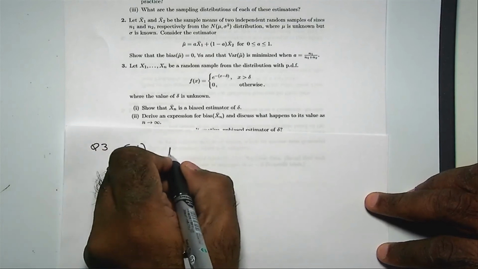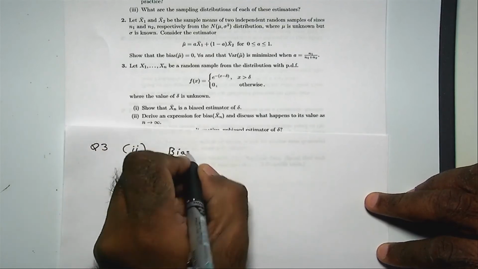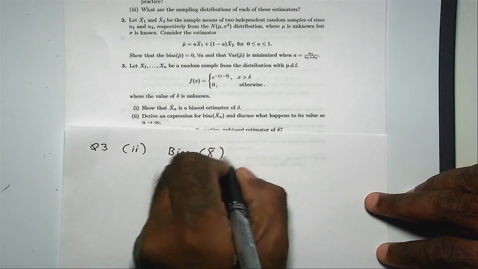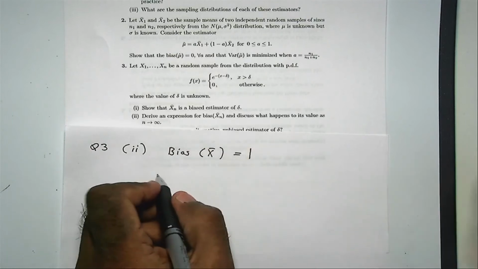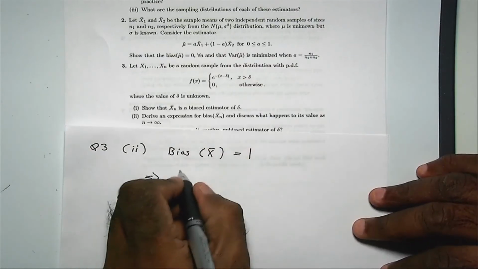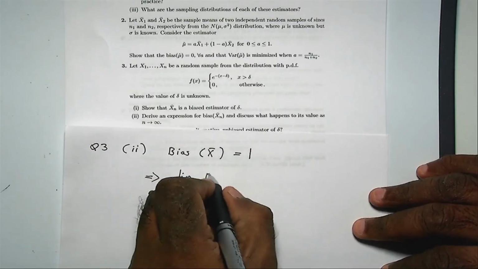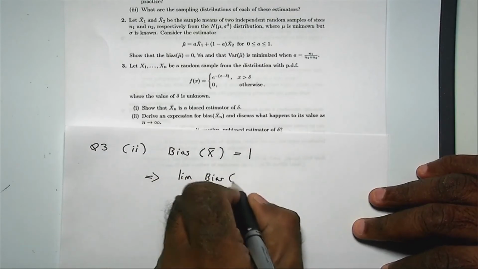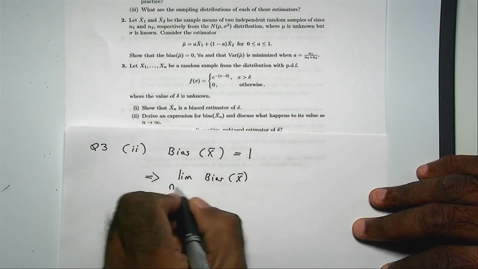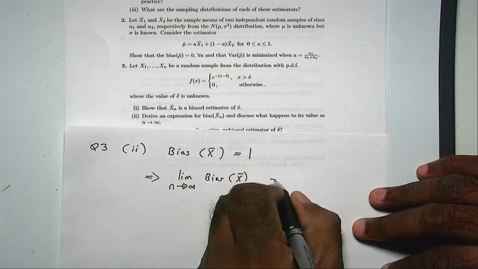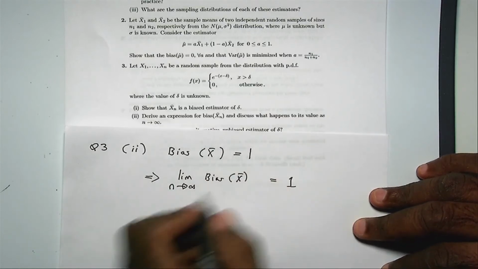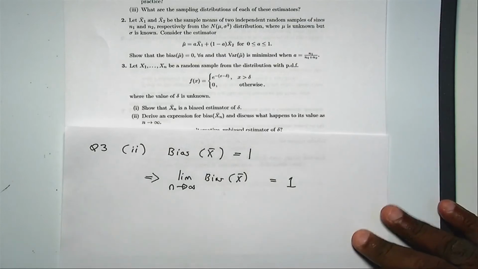We have shown that the bias of x bar is equal to 1. So as n goes to infinity, it doesn't make any difference, because if you take the limit as n goes to infinity, it will still be equal to 1, because it doesn't depend on n.